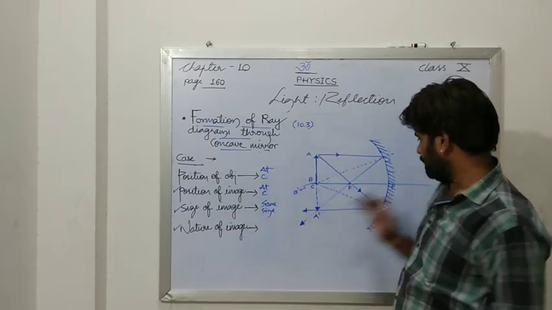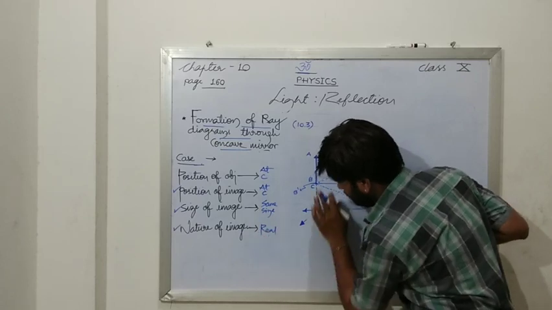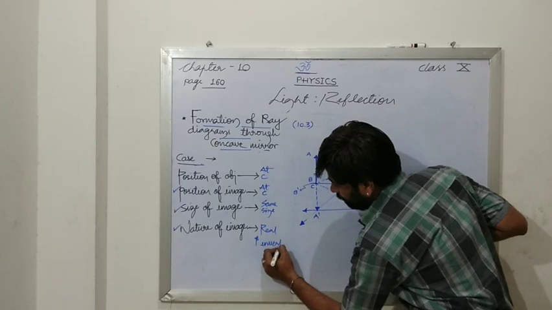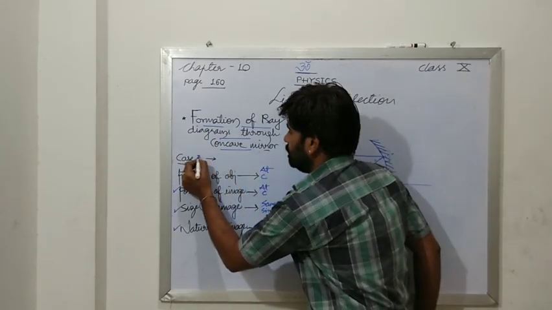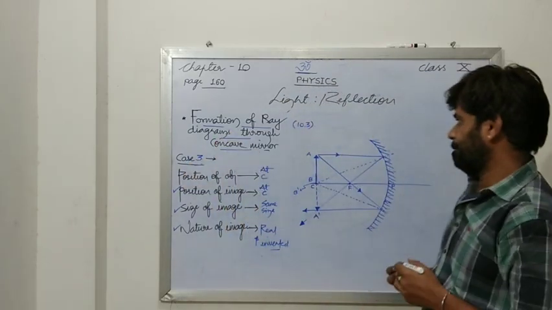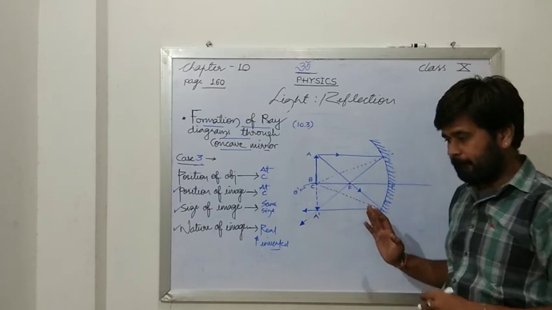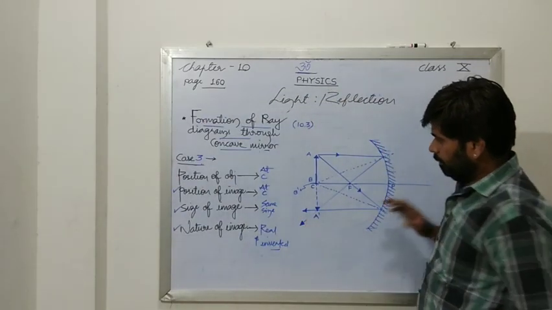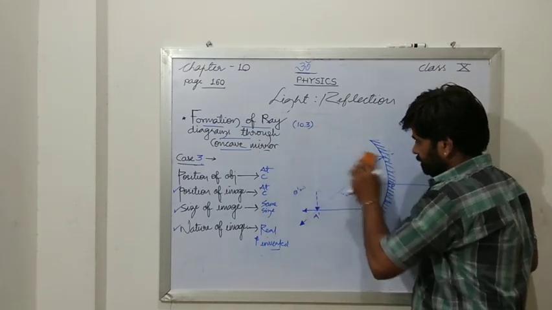And the nature of the image: it is in front of the mirror, so it is real, and as we may see it is downward, so inverted. This was case number 3. Simple. Now let us move to the next one.